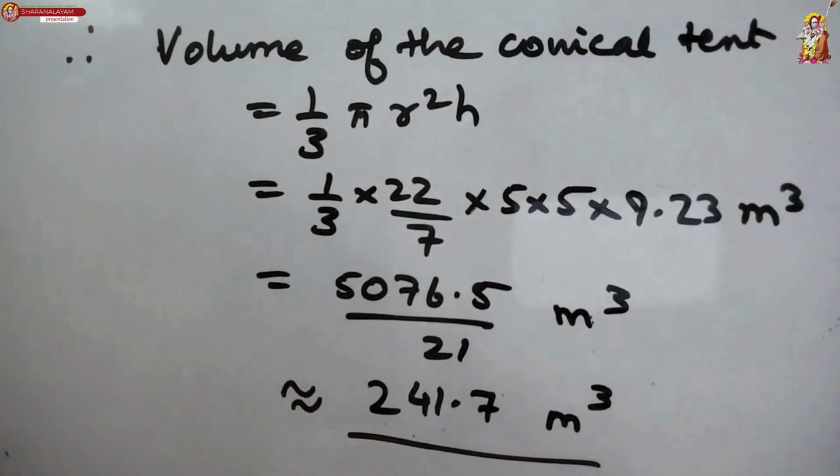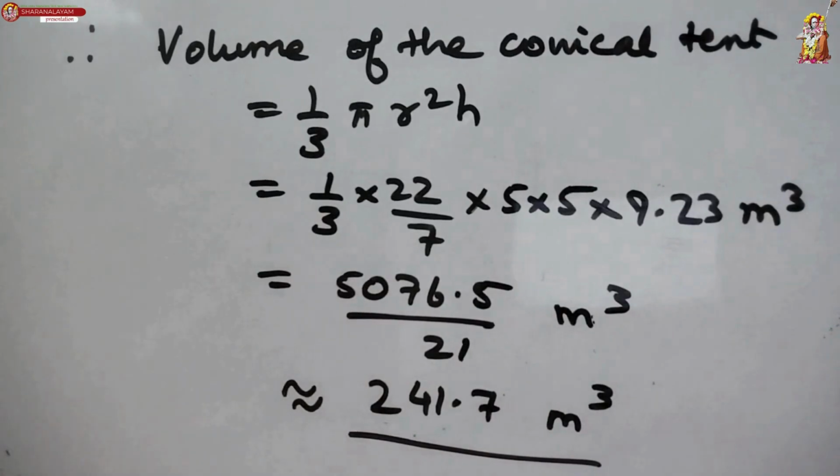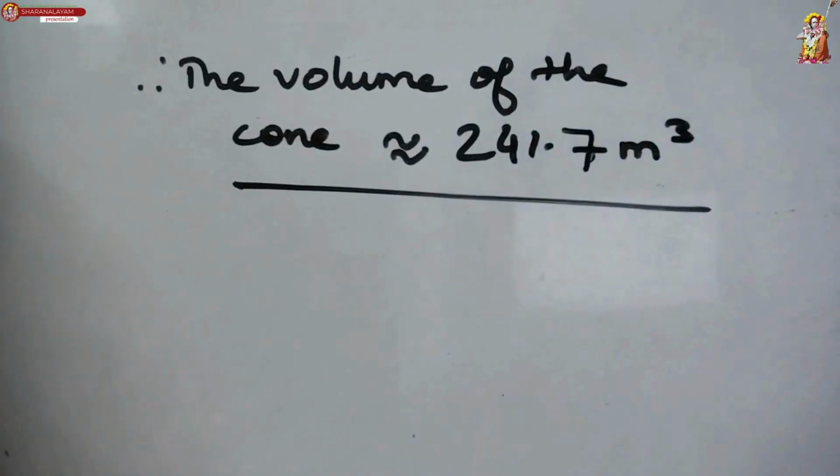Therefore volume of the conical tent, which is equal to 1/3 pi r square h, which we substitute the given values, we get it as approximately 241.7 meter cube. Therefore the volume of the cone is approximately 241.7 meter cube. Next question.